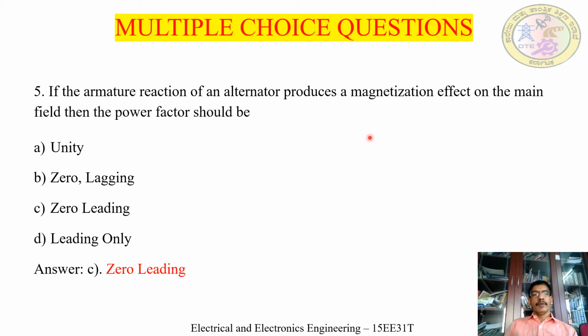See the questions carefully. If armature reaction produces the magnetizing effect, then definitely zero power factor leading. Demagnetizing effect in case of lagging. Cross magnetizing effect in case of unity power factor.